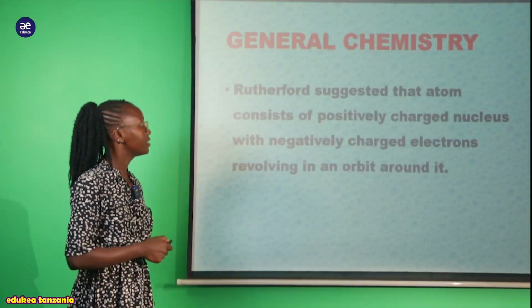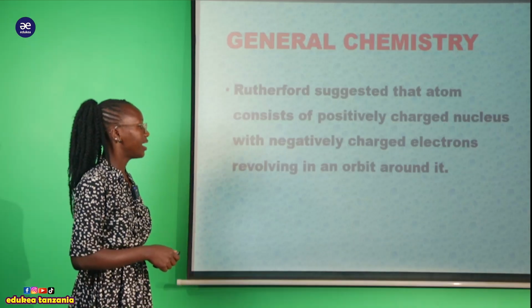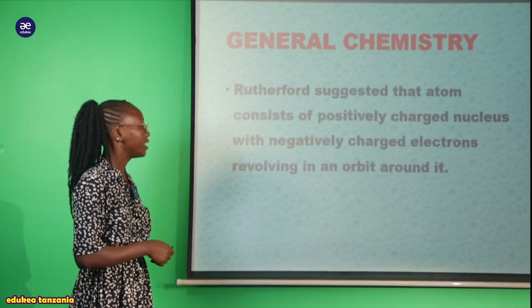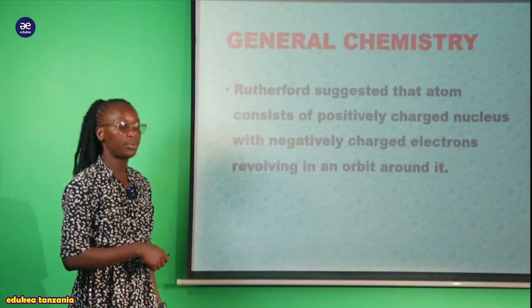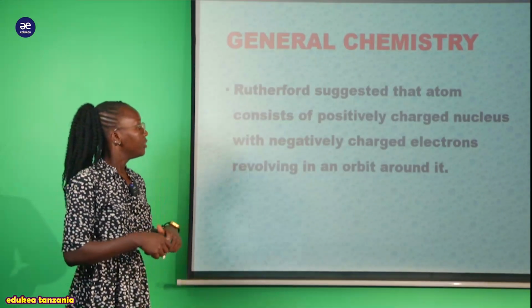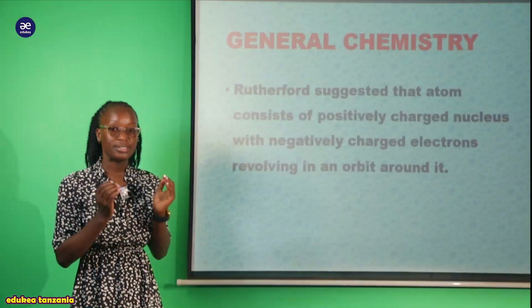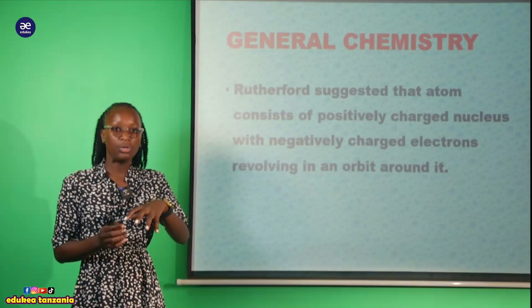Okay, Rutherford suggested that atom consists of the positively charged nucleus with the negatively charged electrons revolving in an orbit around it. Kwamba yeye alikuja kusema kwamba the atom ina consist what? The positively charged. Kwamba tuliona pale ndani ya atom pale nucleus pale kuna nini?